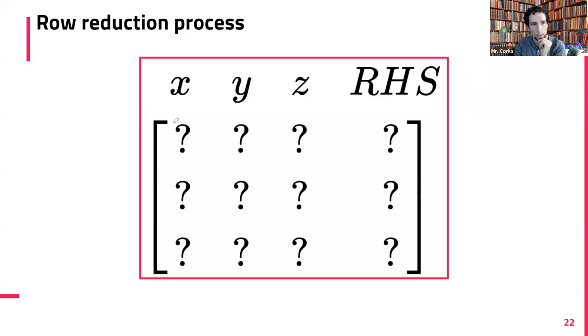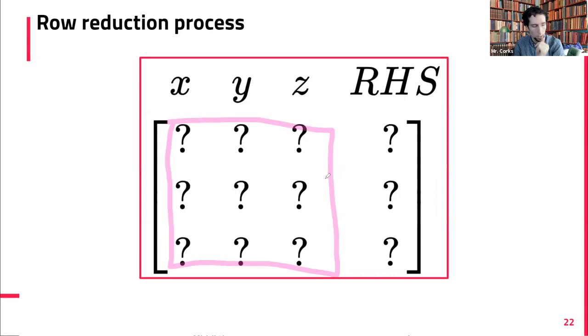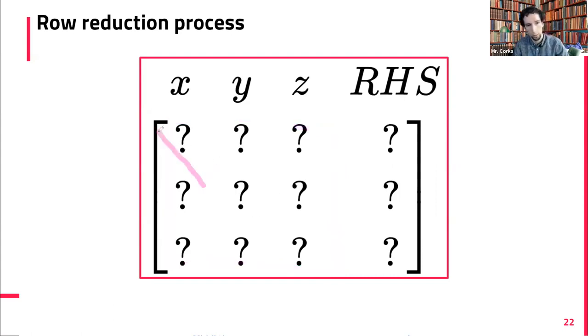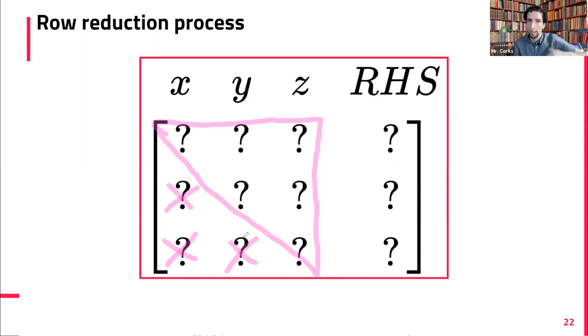So our process, if we're starting with the matrix, we're going to have a box. And then we go from the box to what we want, this triangle shape. That is actually what it's called, the upper triangular form. Basically that means the values below the main diagonal have all been turned into zeros.